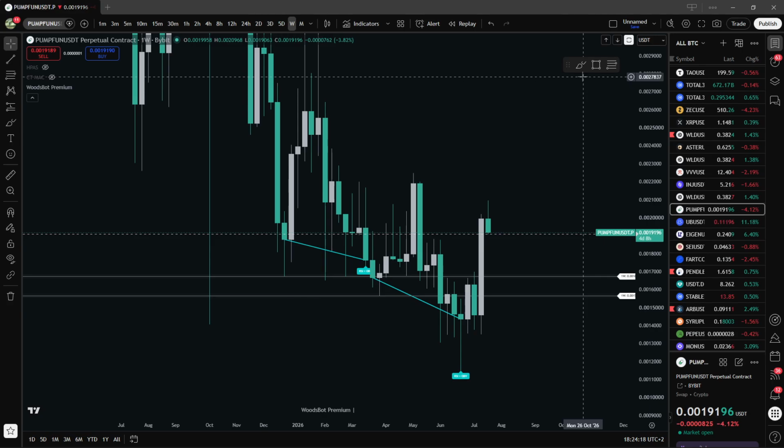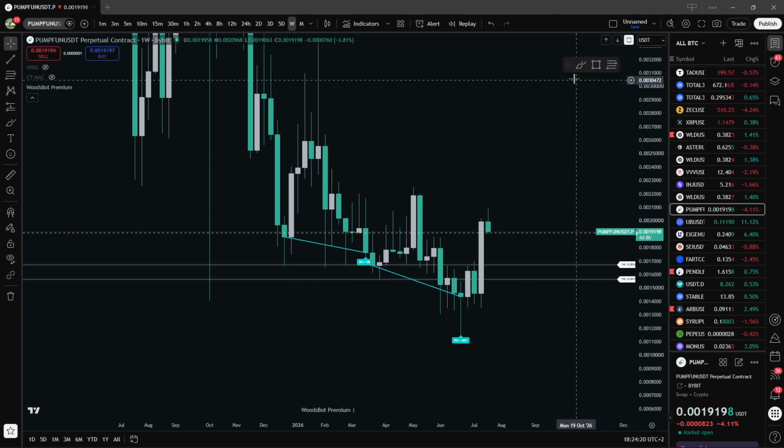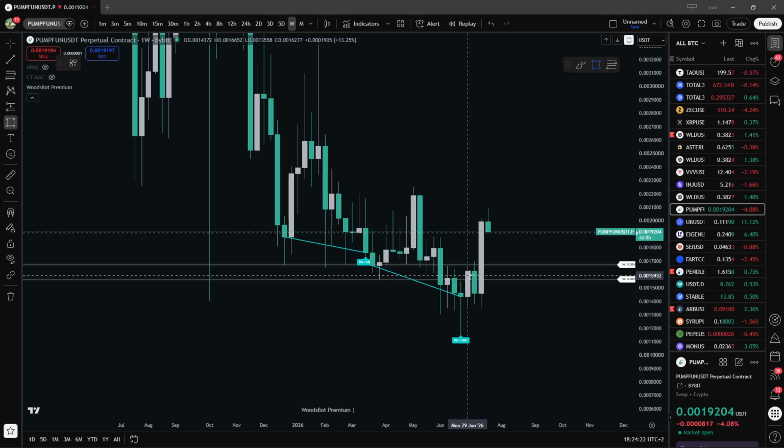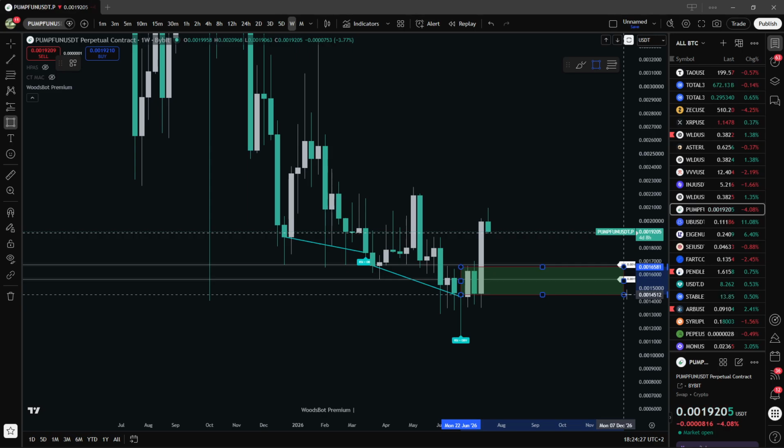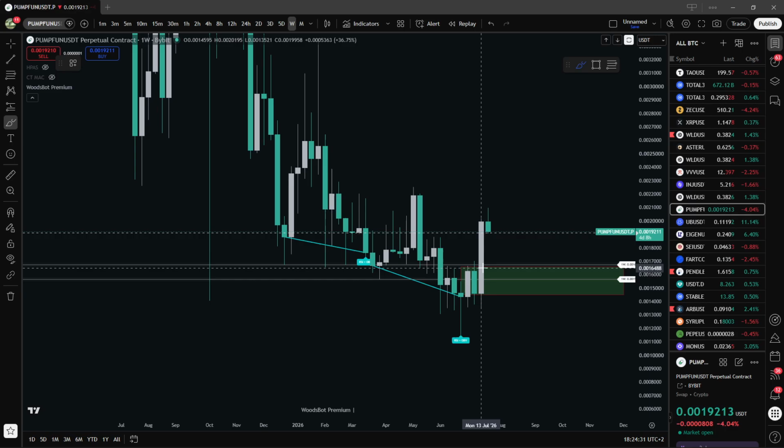Oh, this would be really nice. You guys see how there's this massive weekly demand zone right there. This would be such a good entry for a pullback, right? It probably aligns with Fibonacci as well.